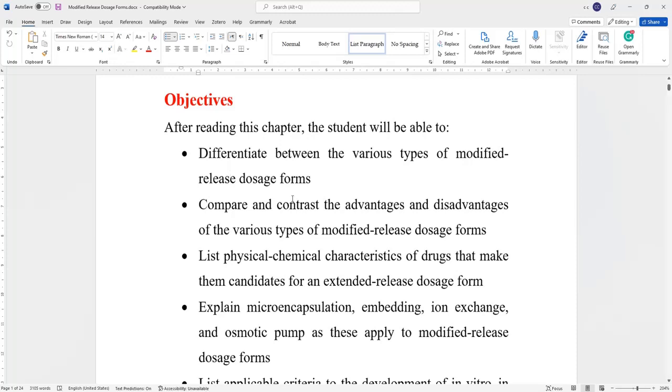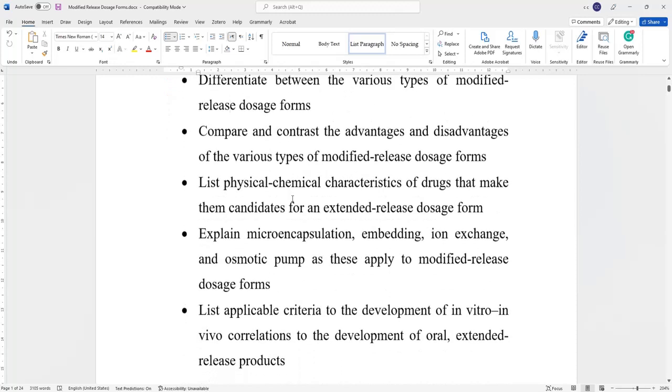Also, you need to describe or explain what you mean by microencapsulation, embedding a drug in a matrix, ion exchange, osmotic pump. You should explain them in relation to how we can achieve the modified release dosage form.